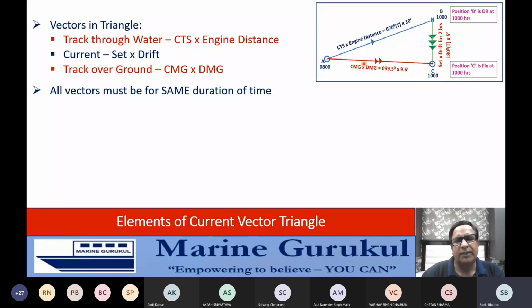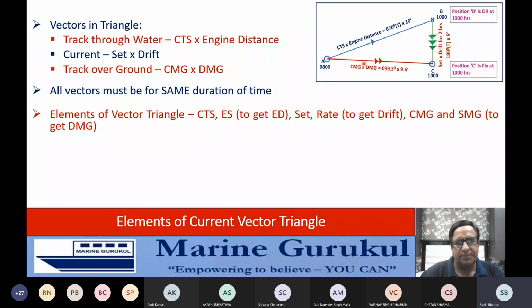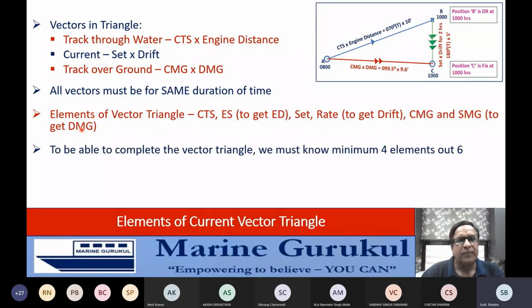Now, since there are three vectors, each having a direction and magnitude, there shall be 6 elements of the vector triangle. These elements are course to steer, engine speed, from which we get the engine distance, set and rate of current, from rate we get the drift of the current, CMG and SMG, from which you get the distance made good after you integrate them with time.